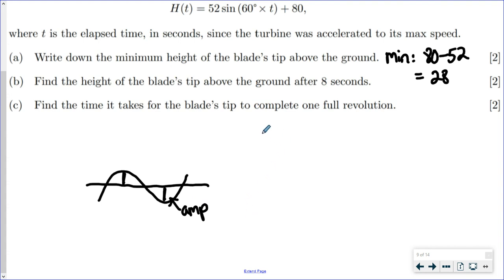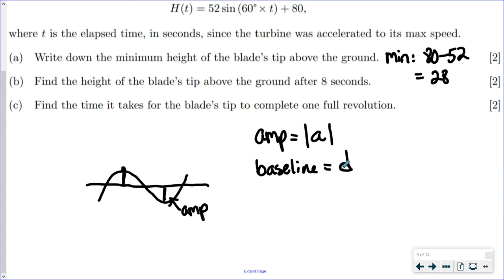Of course, the amplitude is the absolute value of A, and the baseline or midline is D. So to get this value here, all I have to do is take D and add my amplitude. If I want to find the minimum, which is what I wanted to do here, I take the baseline and subtract my amplitude.